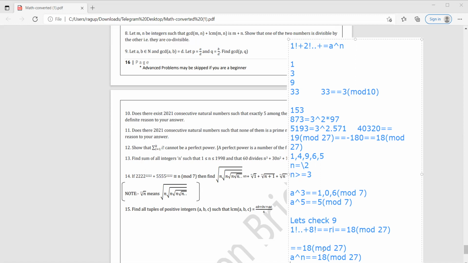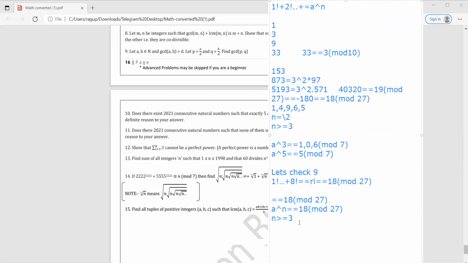And we have already proved that n equal to 2 is not possible. So n has to be greater than or equal to 3. And we know that a has to be divisible by 3. So we'll use here the p-adic argument, which is that v3 of a is greater than or equal to 1.